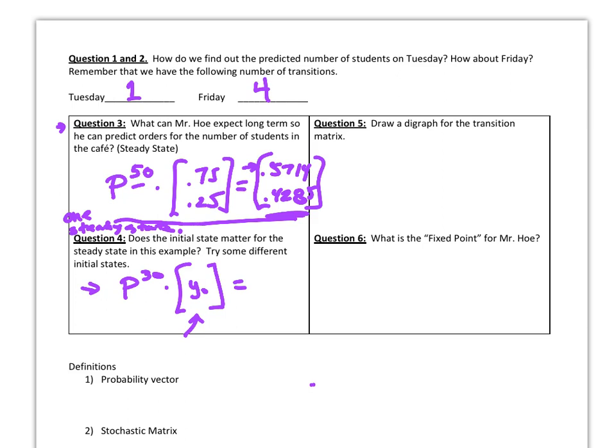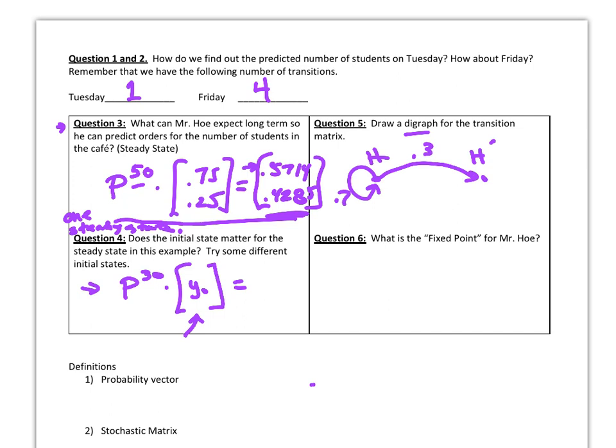Now a digraph is a directional graph, so it's got arrows. Question 5 says, draw a digraph for this. So I have H and H naught. The people going from Mr. Ho to Mr. Ho are going to be 70%. Then I'm going to go from Mr. Ho over to not eating at Mr. Ho, which will be 0.3.